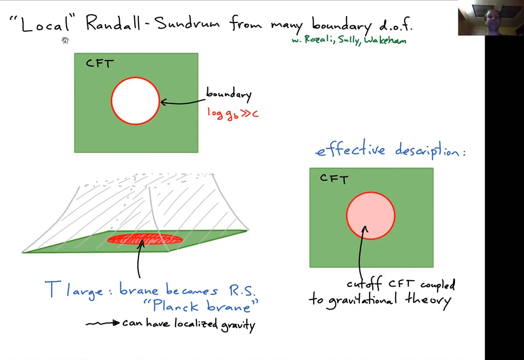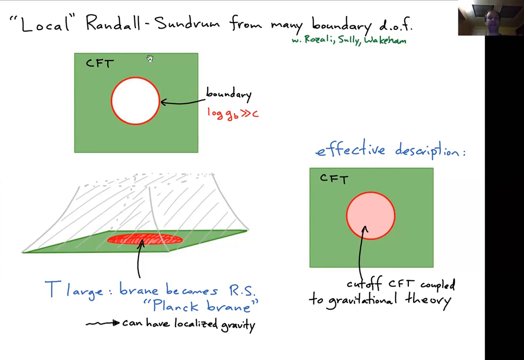So that was the Randall-Sundrum story, and in this context of CFTs with boundaries, it's giving us a way to realize this Randall-Sundrum picture, at least where that Randall-Sundrum brane itself has some asymptotically AdS boundary.